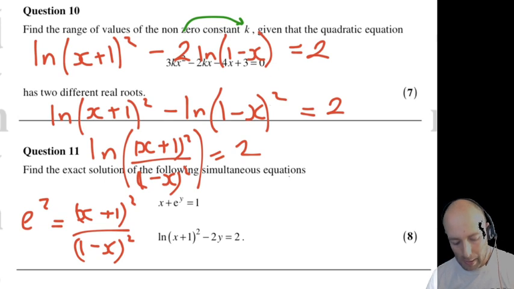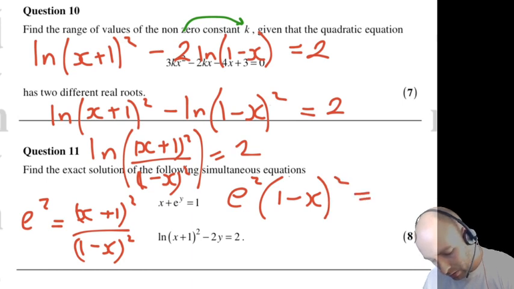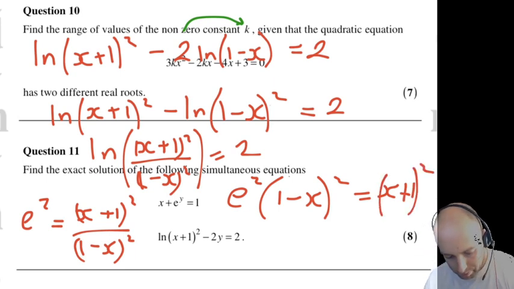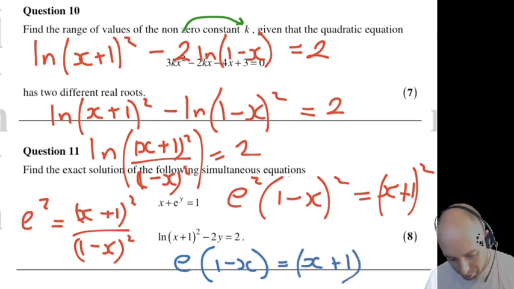Yeah, where from here then? So I think multiplying across, we get e squared times (1 take x) all squared equals (x plus 1) all squared. And at this stage, because it's all squared and it's all times together, we can square root everything. So we can get e times (1 take x) equals x plus 1.